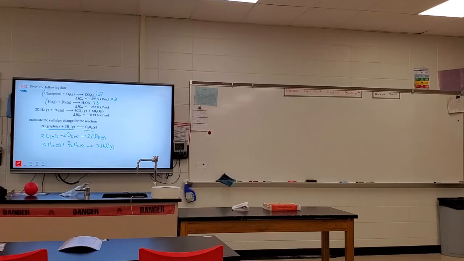That's in that equation: 2C graphite. And what's in this equation here? That's in the equation that you're dealing with. So there's carbon, so hydrogen. 6 hydrogen. 2 carbon.